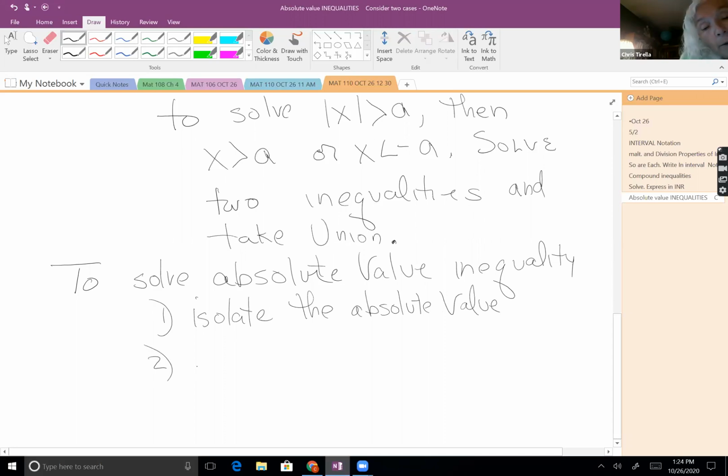And then if the absolute value is less than some quantity, we have to solve the compound inequality: negative a is less than x is less than a.